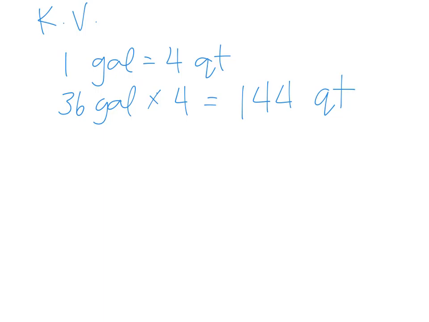And then I divided 144 quarts by 24 hours, because in 1 day, he drinks that amount. And then after that, I got 6 as my answer. So you did 144 divided by 24 equals 6 quarts?